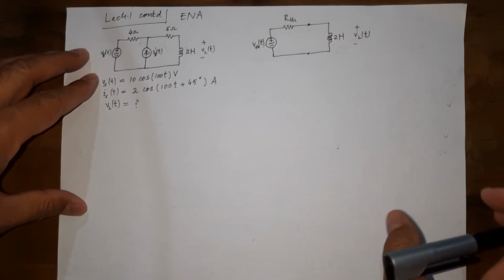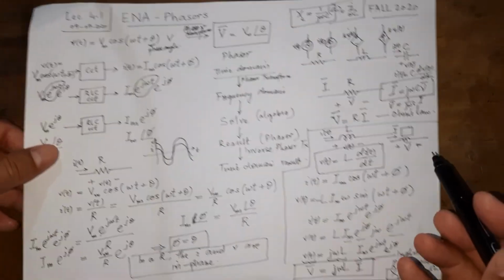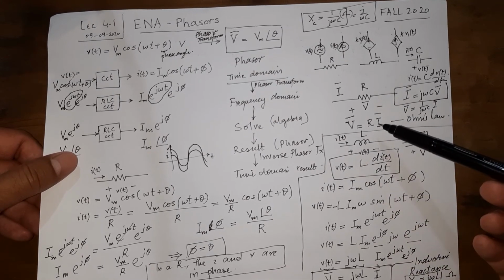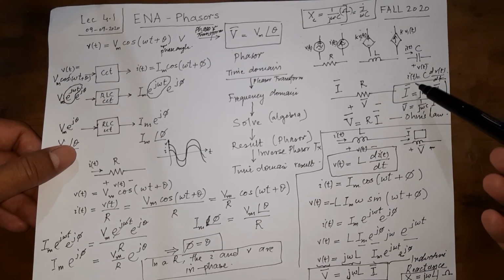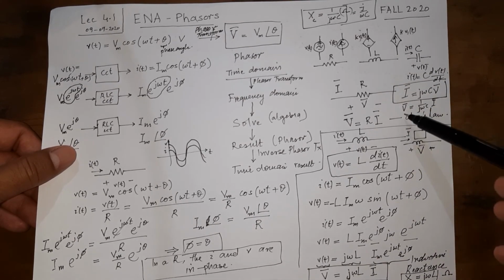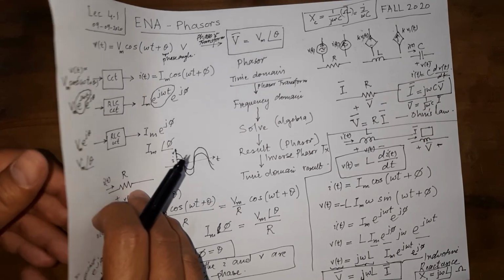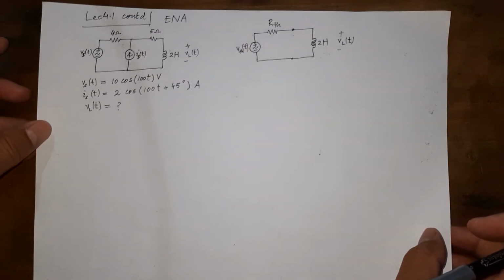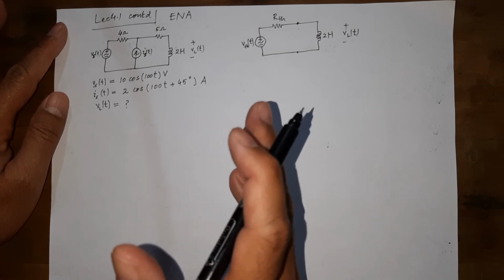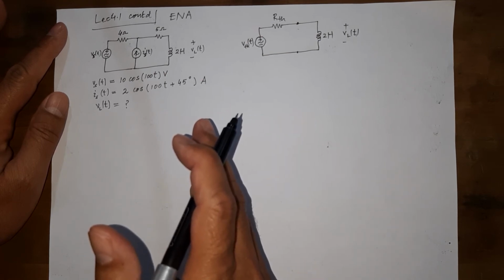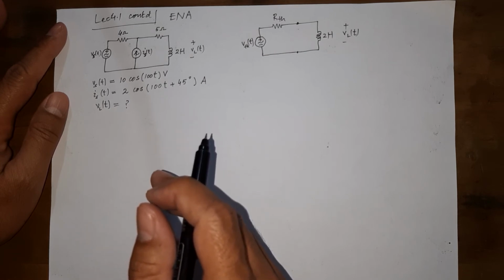So for example, just like we have relationships between V and I for R, V and I for L, and V and I for the capacitance case, similarly, all the laws, Kirchhoff's voltage law, Kirchhoff's current law, etc., can be similarly applied in the frequency domain as well. And why is it so?